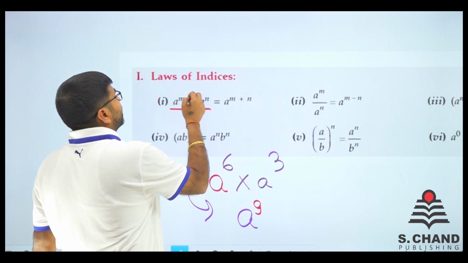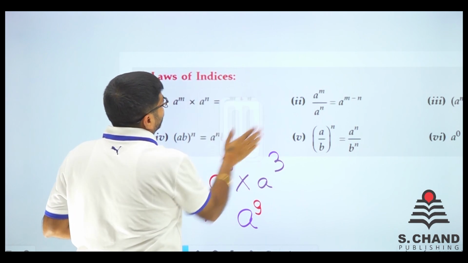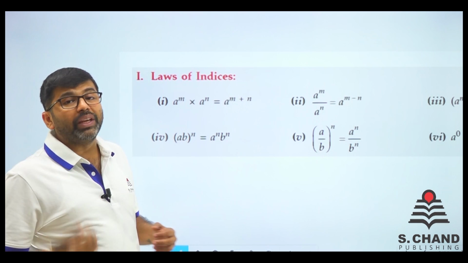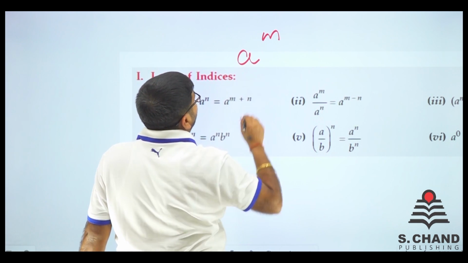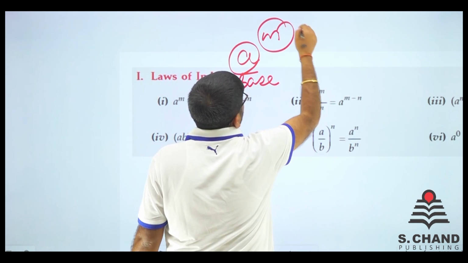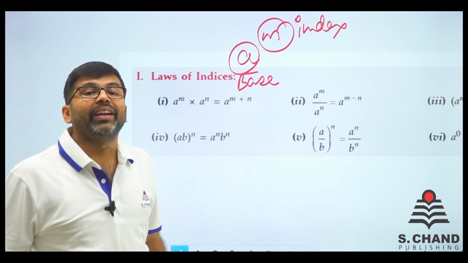So if it is multiplication, add the powers. Powers means indices. If I say a raised to power m, that means a is the base and m is the index. The plural of index is indices.